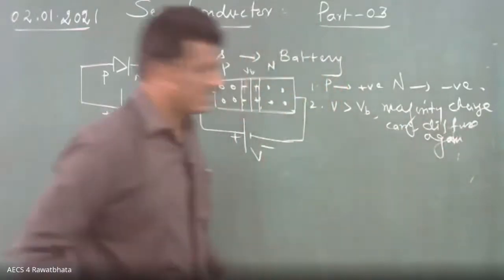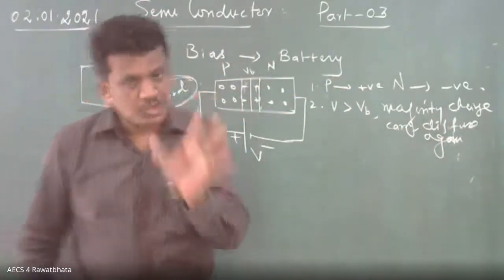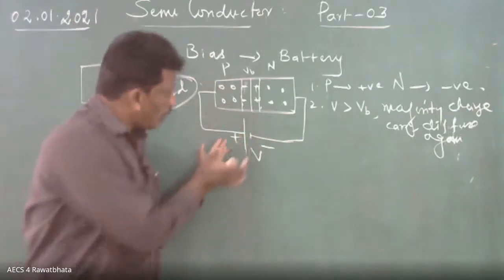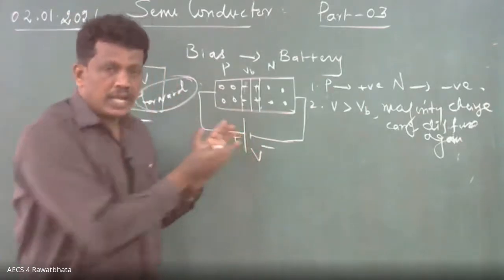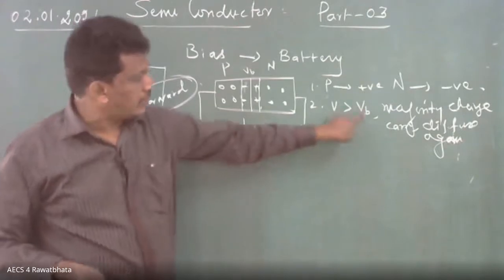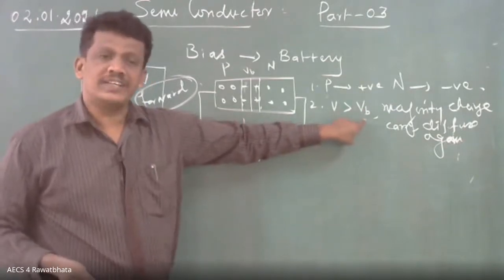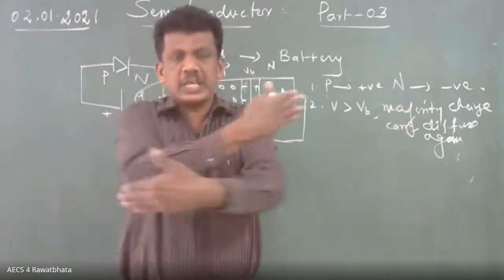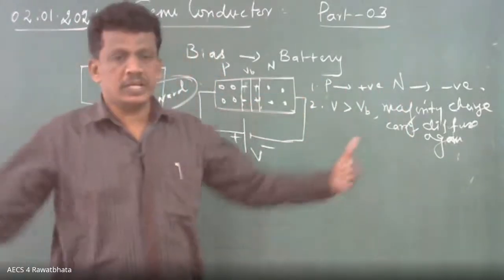I think you will understand. Previously it was stopped. Why? Equilibrium. Now externally you are applying the battery, so the battery potential difference is greater than the barrier potential. So automatically, what will happen? Now again the majority charge carriers start moving, diffusing.